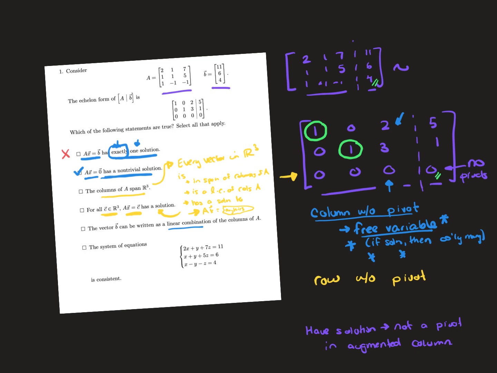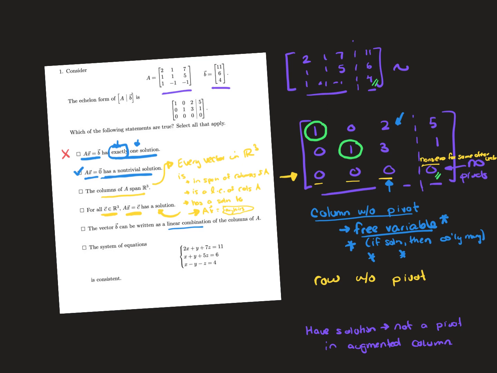But if I had picked a different b, I could end up with some sort of non-zero element here. I could have gotten some non-zero for some other vector. And that way I would have had a whole bunch of zeros and then a non-zero element. So I would have gotten a pivot in that augmented column.